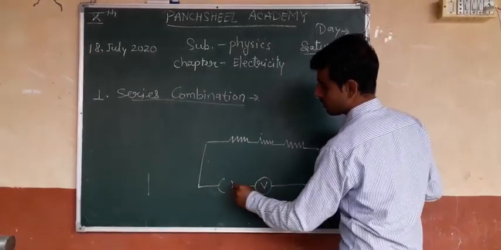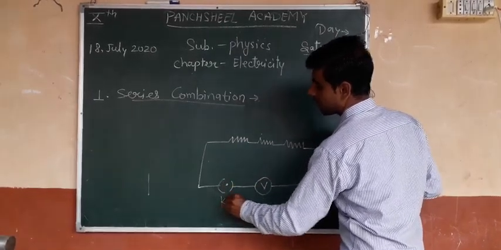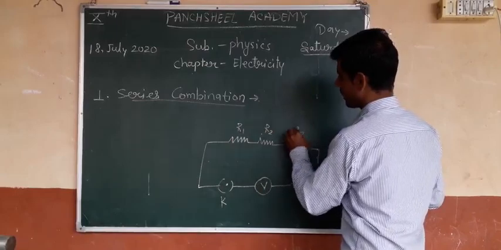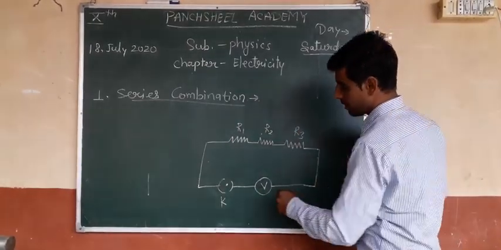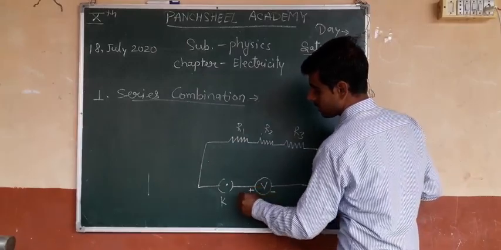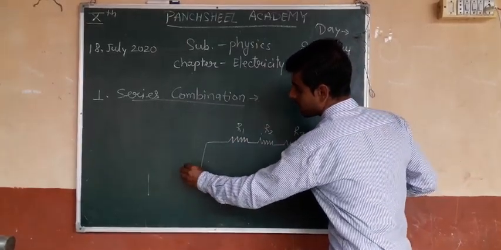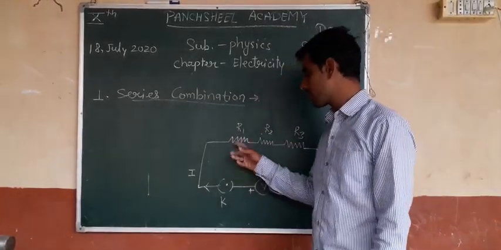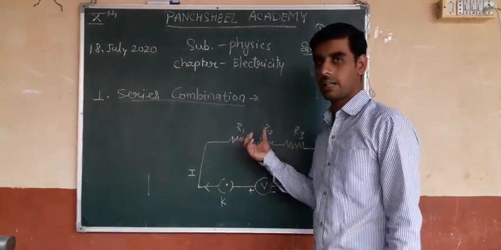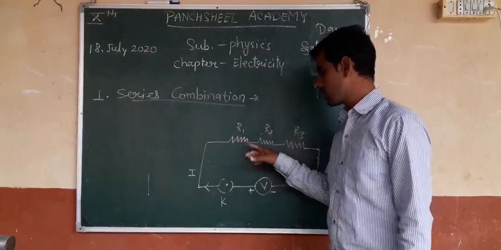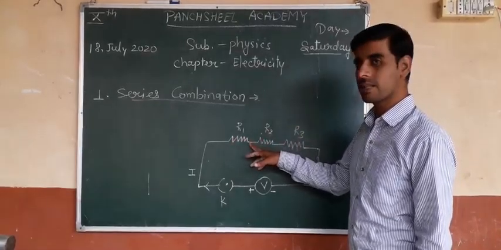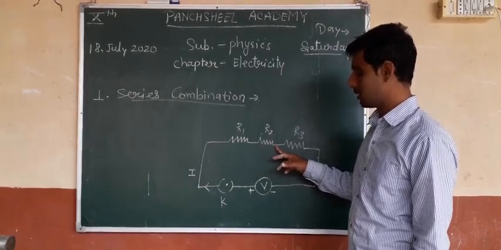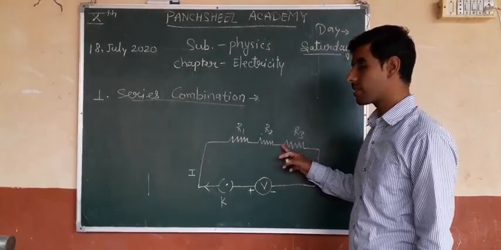This is the voltage, and this is the key. R1, R2, and R3 are three resistances, and current flows in this circuit. This is the series circuit. Why is this a series circuit? Because R1, R2, and R3 are connected in series: one terminal of R1 is connected to the other terminal of R2, and the other terminal of R2 is connected to the first terminal of R3.